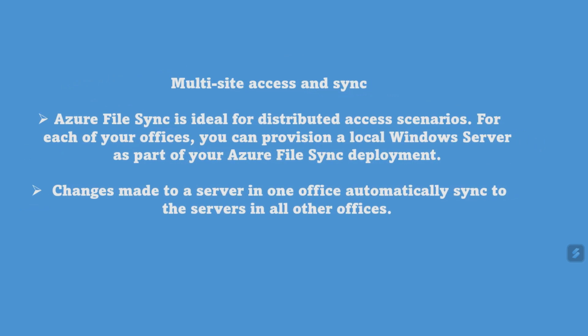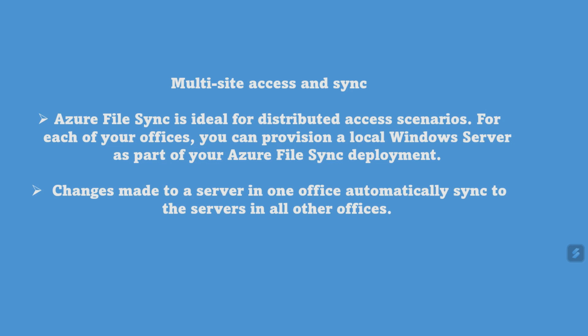Now, multi-site access and syncing. Azure File Sync is very feasible in distributed access scenarios. Suppose you have offices in multiple regions in India, north, south, east, and west, and then there is a single Azure File Sync deployment which harnesses the Azure file share centrally. So what will happen?